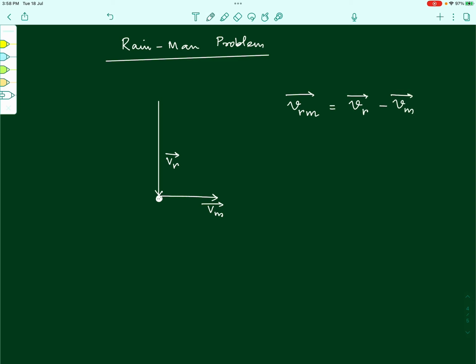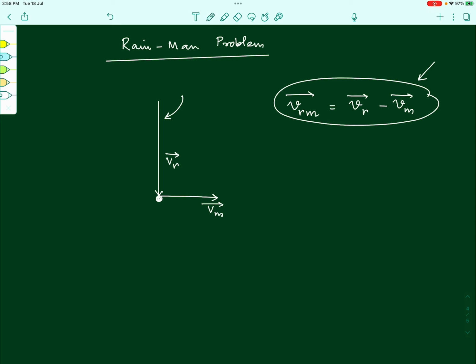From relative motion, the speed as well as the direction in which the rain falls will change as seen by the man, because of the way he is moving. To find that out, we need to use this basic definition and get the figure.